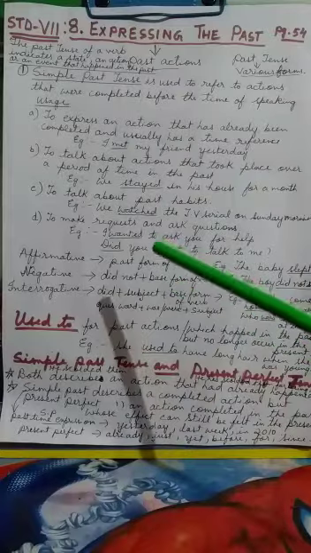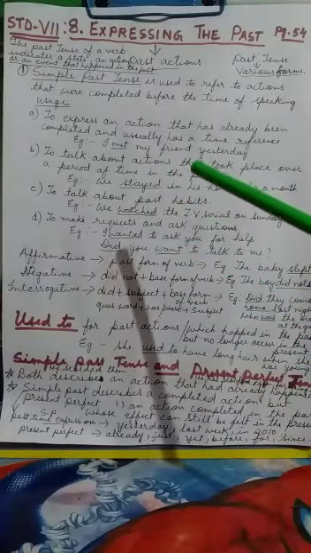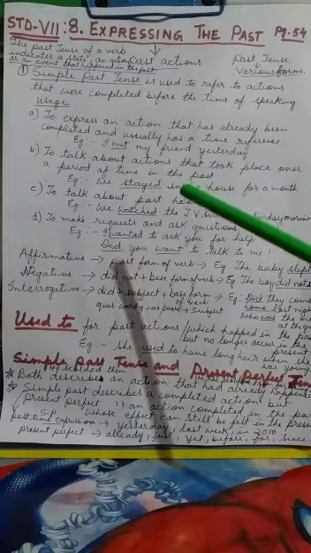Now, simple past tense is used to refer to actions that were completed before the time of speaking. So, when do we use simple past tense? When the actions were completed in the past.